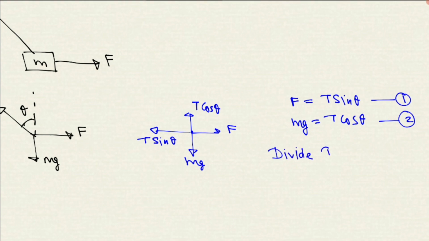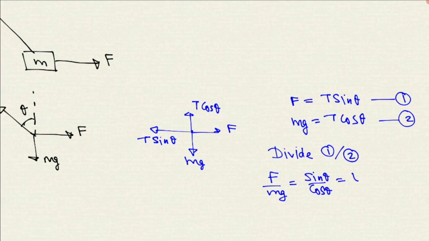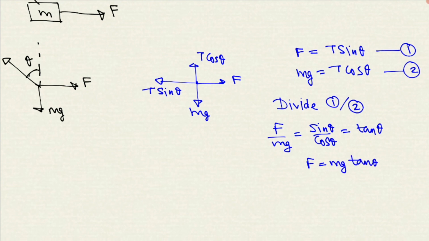So F by mg is equal to sine theta by cos theta, and that is equal to tan theta. So F is equal to mg tan theta. So if in a question theta is given, mass is given, we can find force.